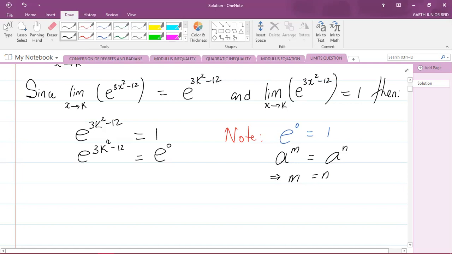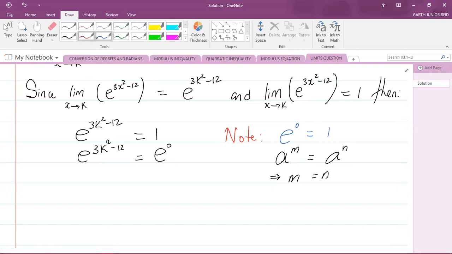Whenever you have a to the m equals a to the n, meaning the same base on both sides, the same base here is a, then you just equate the indices. Likewise, for this example, the same base here is e.